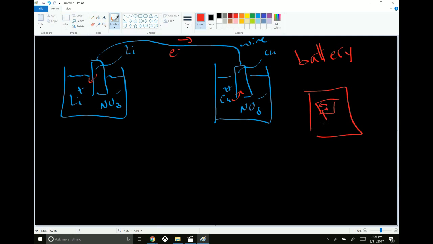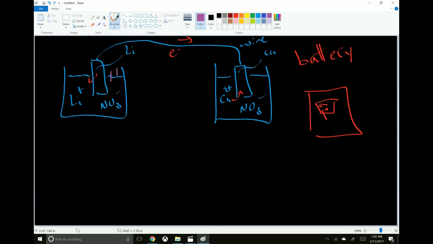The reason for that is fairly simple. You send a few million electrons from one side to the other, you build up a negative charge over here, you build up a positive charge over here, and suddenly the electrons stop flowing. You need some way to balance out the charge between the two halves of the reaction. And the way you do that is not by hooking up another wire. That would not solve the problem.